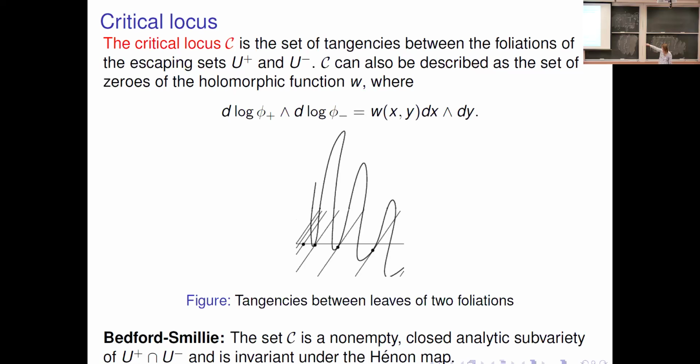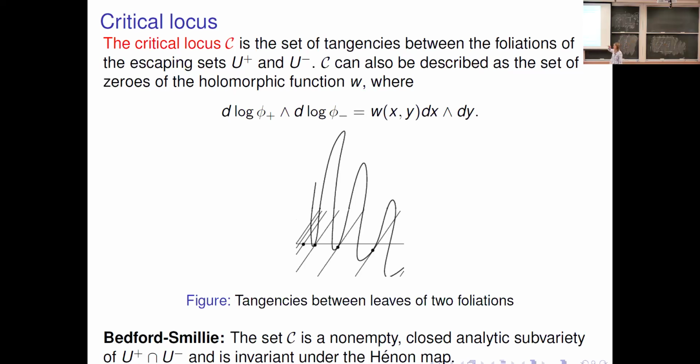First I give the definition in the escape locus U plus intersected with U minus, in terms of critical points of the Green's function. You can also look at phi plus and phi minus. Critical points of the Green functions are exactly tangencies between the foliations.